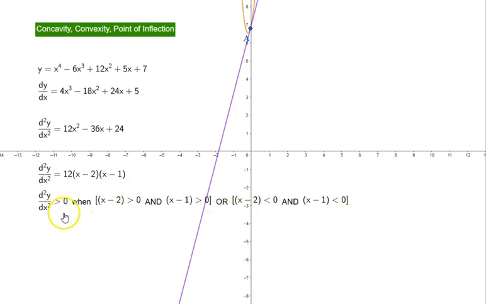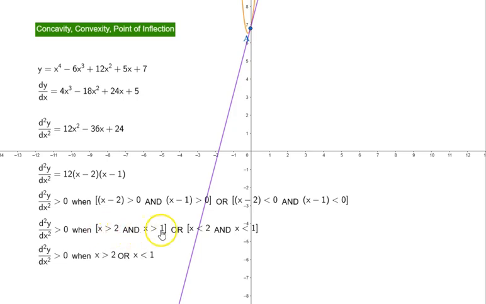So d2y by dx square is greater than 0 when x minus 2 is greater than 0 and x minus 1 is greater than 0, or x minus 2 is less than 0 and x minus 1 is less than 0. Which means d2y by dx square is greater than 0 when x is greater than 2 and x is greater than 1, or x is less than 2 and x is less than 1.